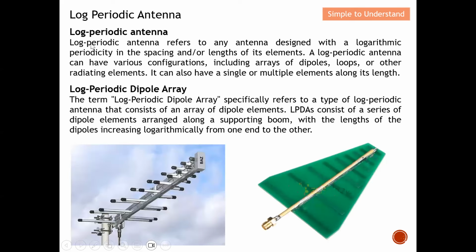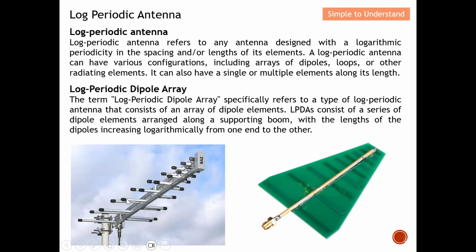Next, what is the key difference between a log periodic antenna and a log periodic dipole array? This log periodic antenna can refer to any antenna designed with a log periodic spacing or length of its elements. Imagine this is a log periodic antenna. So this is a boom.